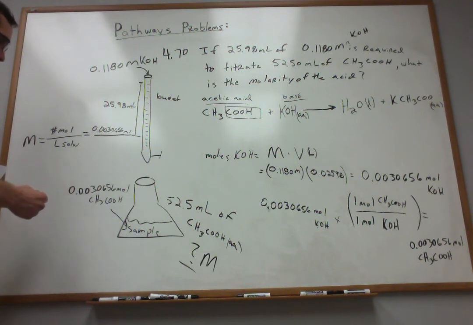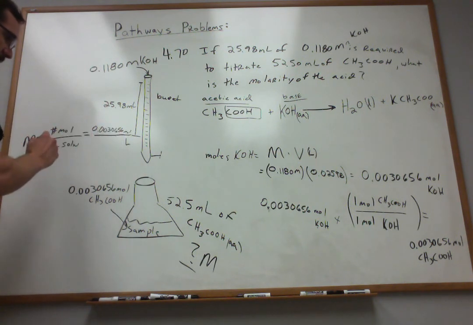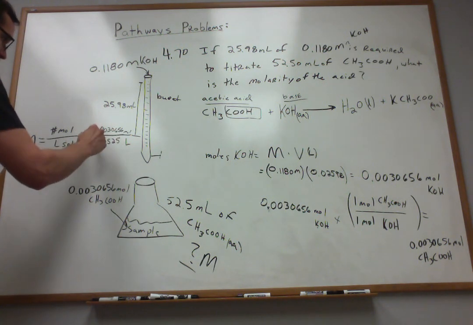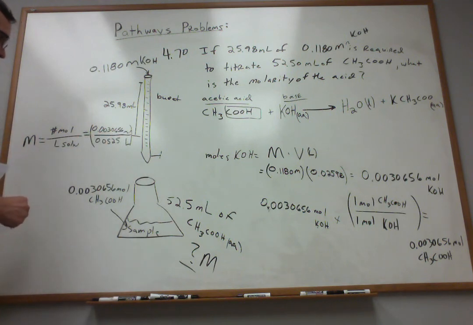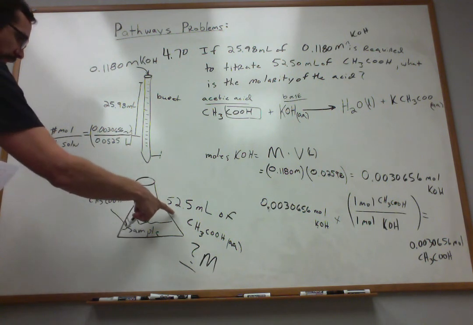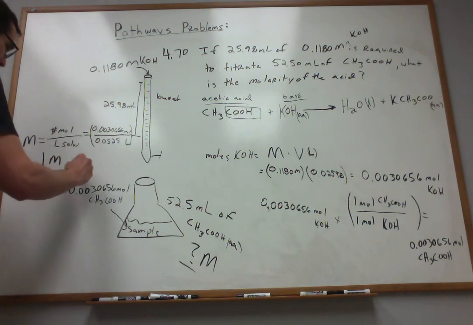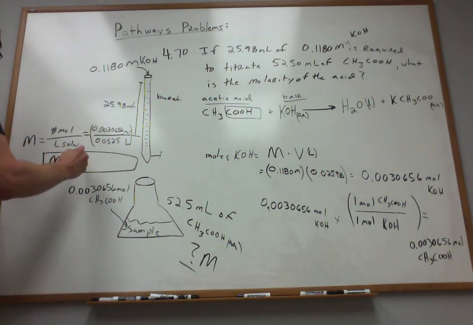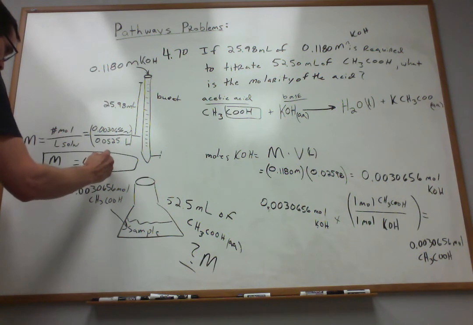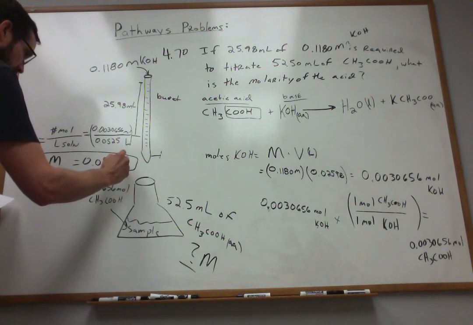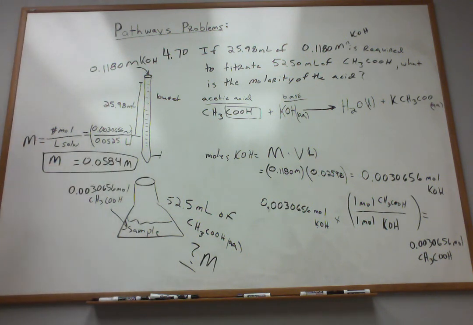And I'm going to divide that by liters of solution, which was 0.0525 liters, or 52.5 milliliters. I do the math on that. I quickly learned that the molarity of my acid in the original sample was 0.0584 mole per liter.